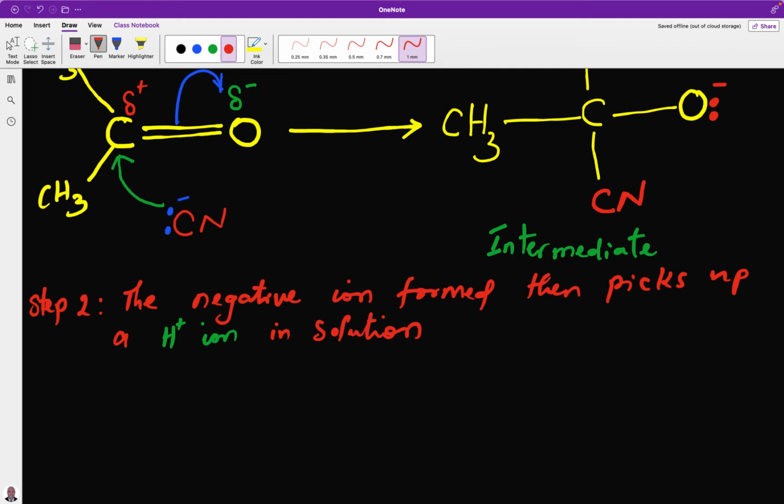And this hydrogen ion in the solution, as I earlier told you, could come from the aqueous solution.